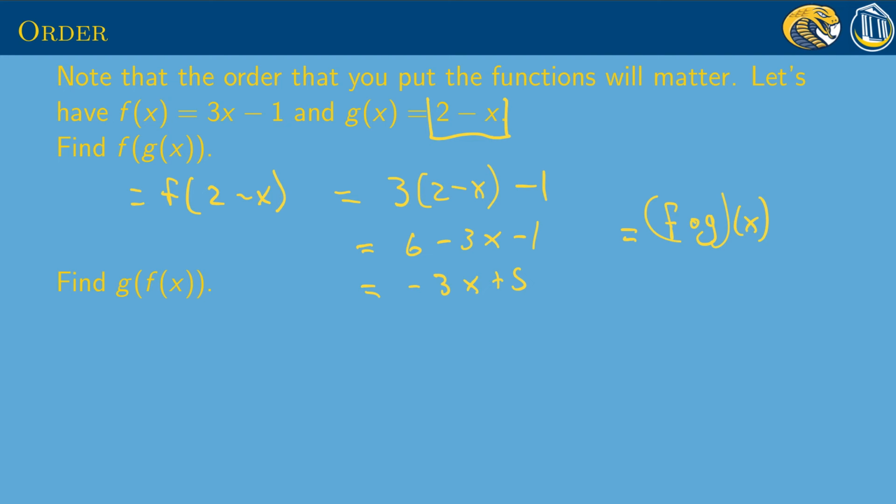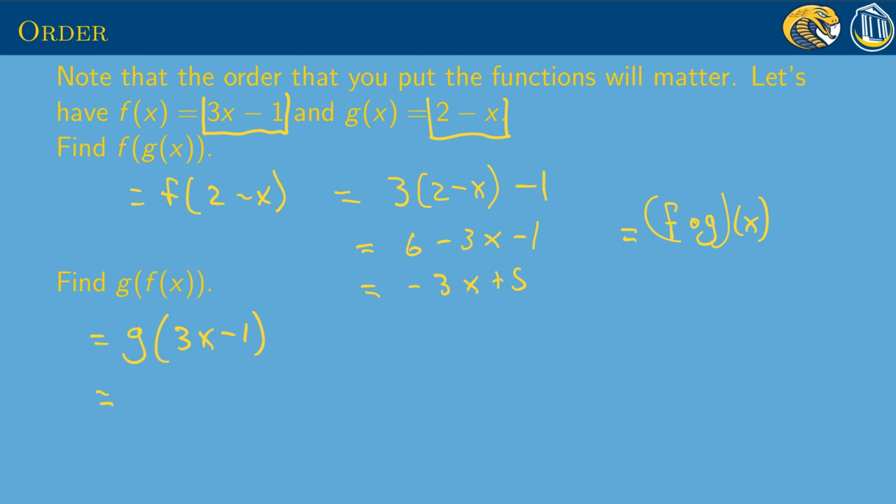Now, let's look at g of f of x. This is going to be the exact same idea, but this time we're going to plug the function 3x minus 1 into g. So instead of g of f of x, we're going to write g of 3x minus 1, and then we're going to evaluate the function g at the input 3x minus 1. In order to do this, I like to think, what does g do?